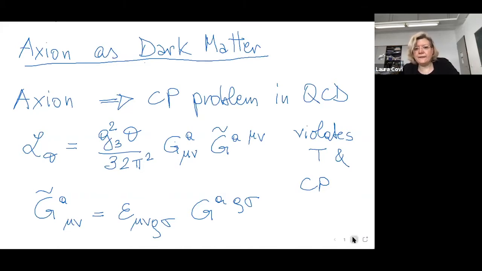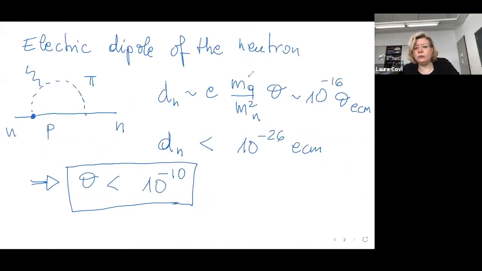And this is actually why I have here this mq, because this mq term will gain an exponential, e to the i theta, if you want, which is actually giving me this term. And this is exactly the piece which, if you look at the chiral Lagrangian, gives you this CP violating vertex for the pion.